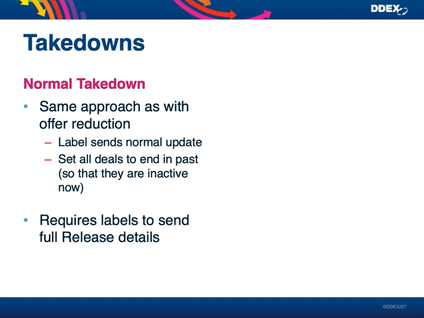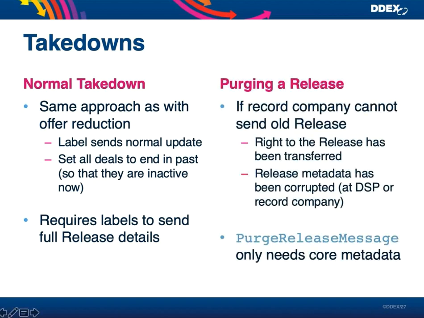However, this not always works, because sometimes a record company just doesn't have the metadata in its system, especially when they take over the catalog from another record company. And even worse, if that content is a little bit older, quite often the metadata actually has changed.